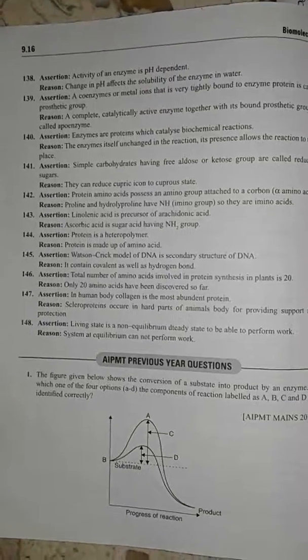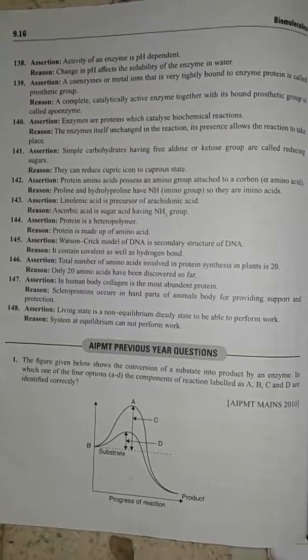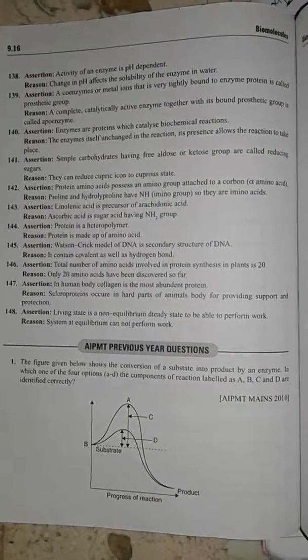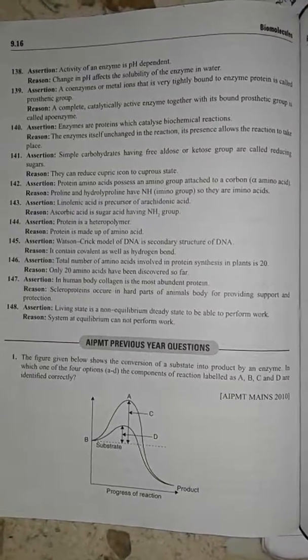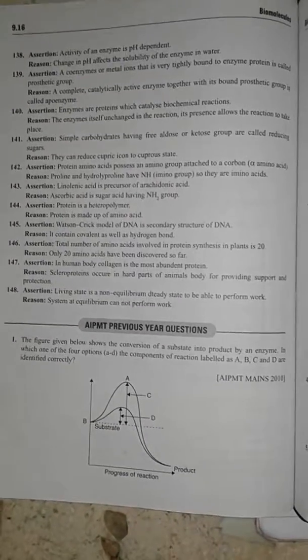So here the correct answer is C. Next, enzymes are proteins which catalyze biochemical reactions, and the enzyme itself is unchanged in the reaction, its presence allows the reaction to take place. So here the correct answer is B, both are correct but the reason is not the correct explanation.